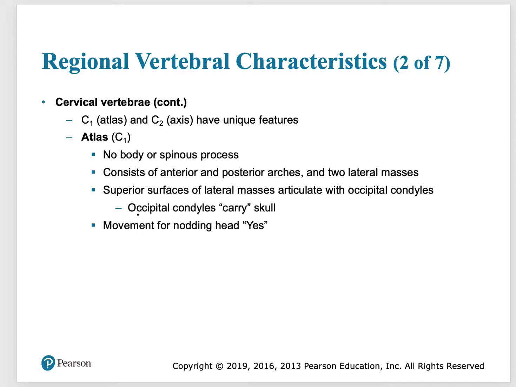So the C1 is also known as the atlas, while the C2 is known as the axis, and they each have different unique features. So the atlas, which is C1, has no body and no spinous process. All right, so they actually help to carry the skull. These are called occipital condyles.